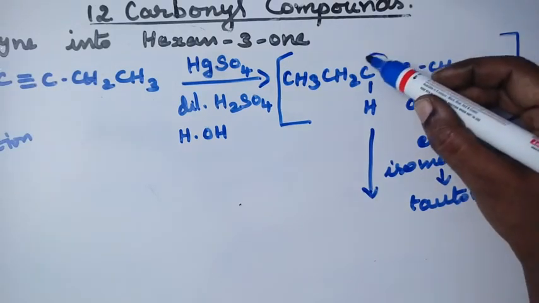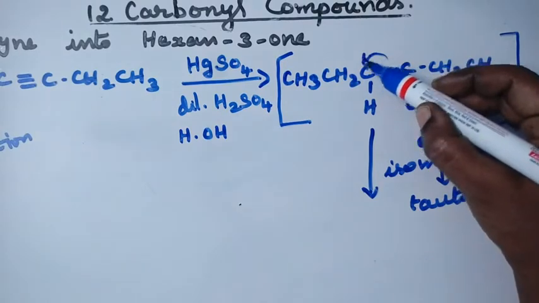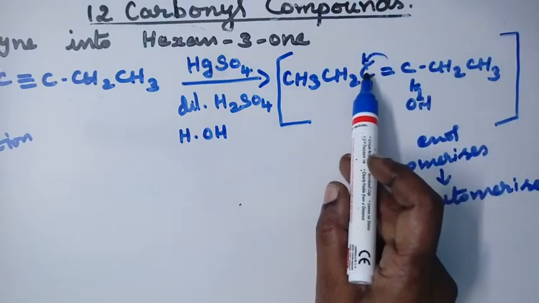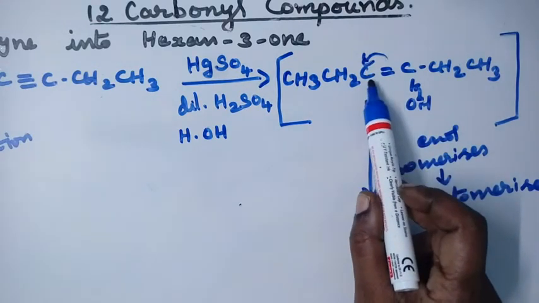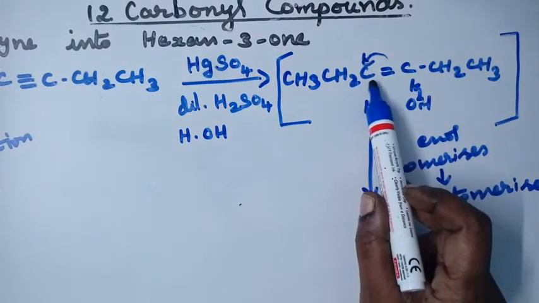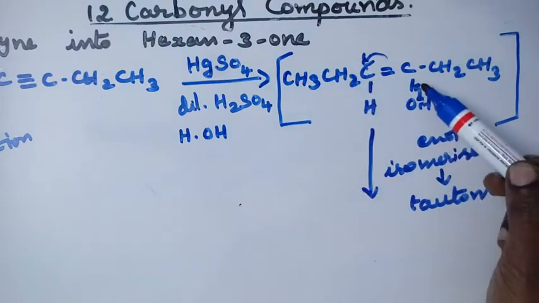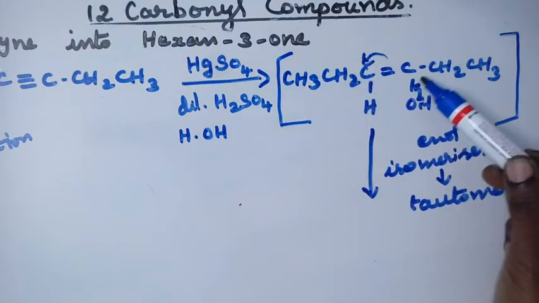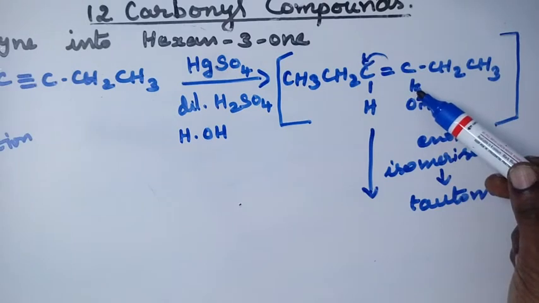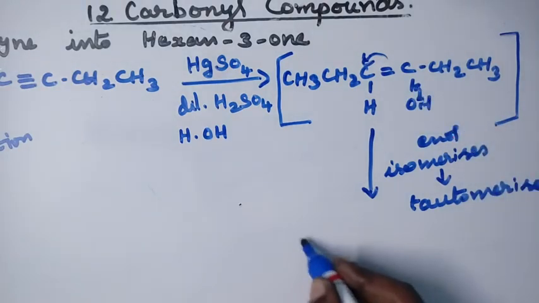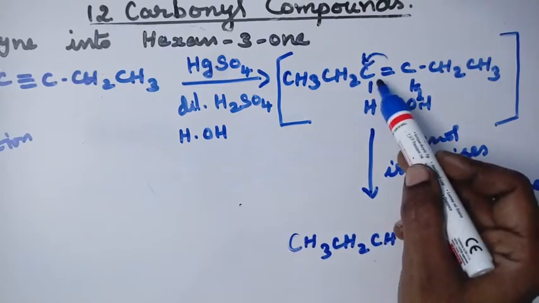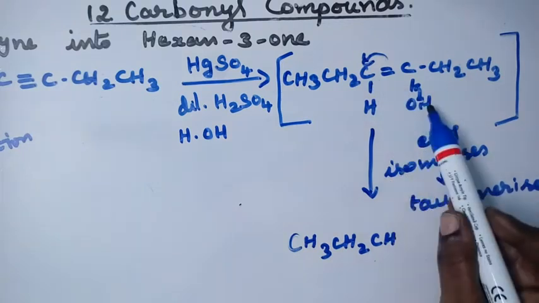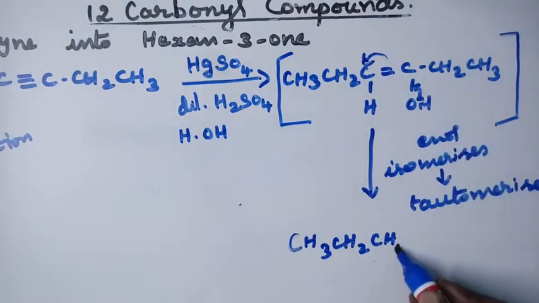this bond is shifted to this carbon, and now this carbon has an extra electron, and this hydrogen takes the electron and makes a bond with this carbon. Now this carbon becomes CH2, and now here the bond goes here, so this carbon gets double bond character. So it is CH3CH2, and this carbon becomes CH2 because it takes this hydrogen.